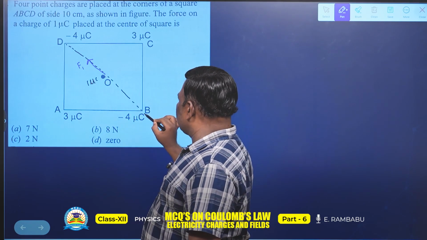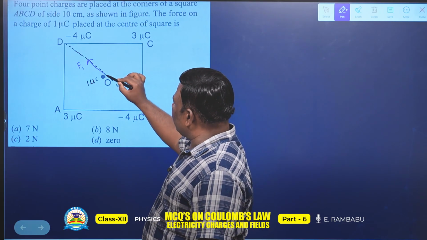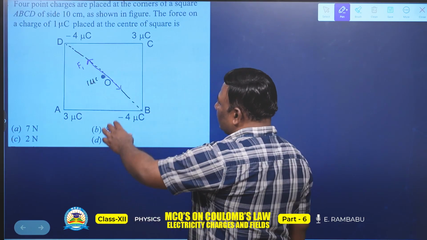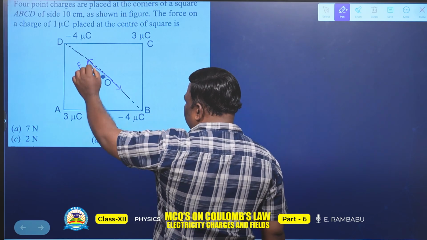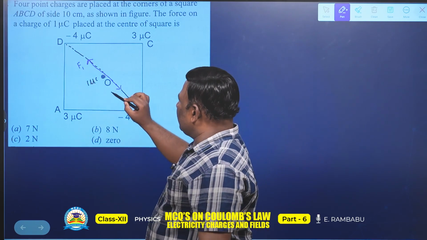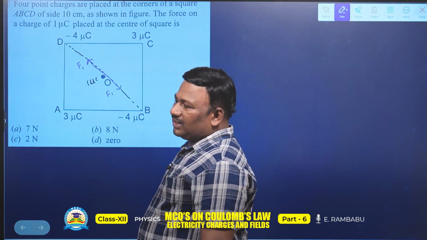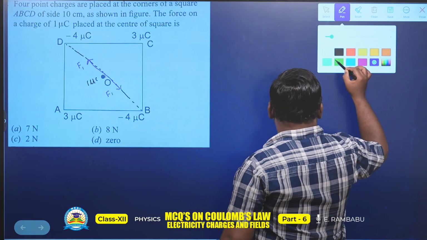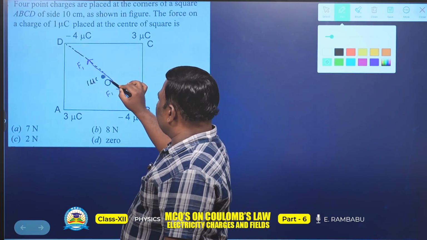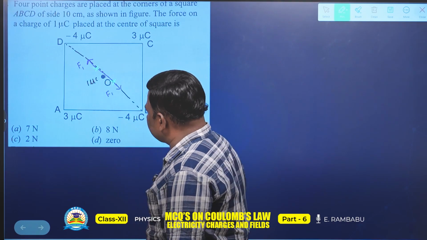Again these two are also opposite charges, again attractive force. Observe here, the magnitudes of charges are the same and the distance is also the same, so the same force exists here also. Two equal and opposite forces are acting in opposite directions, so both forces are cancelled.